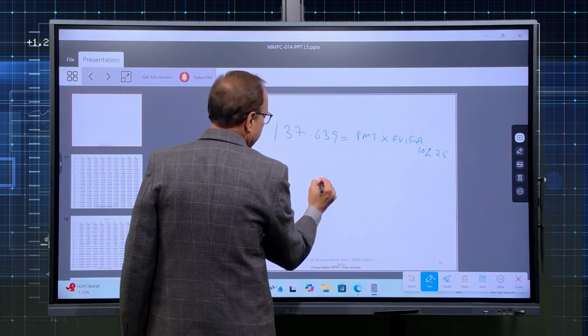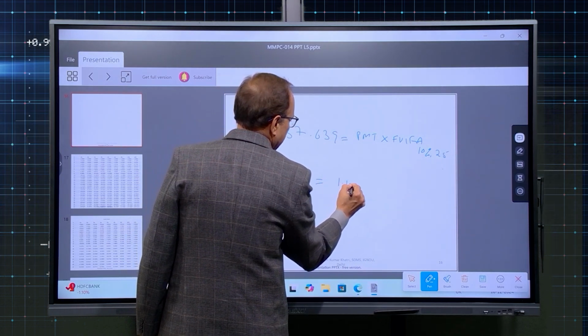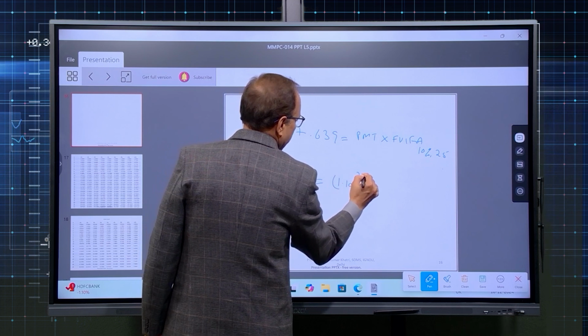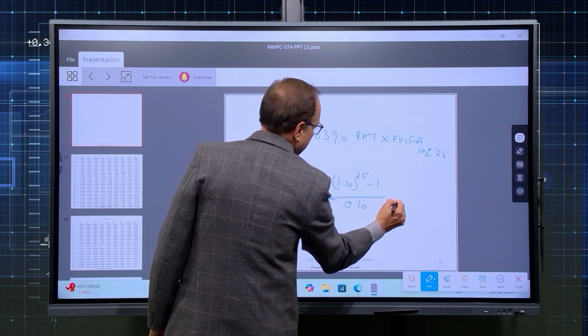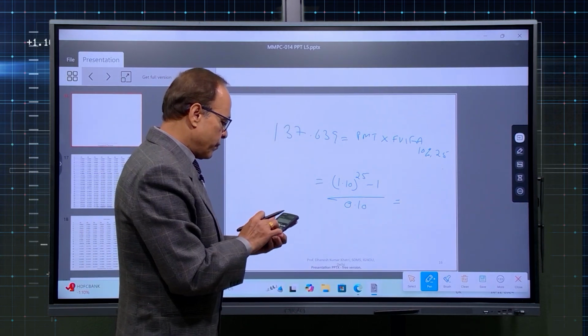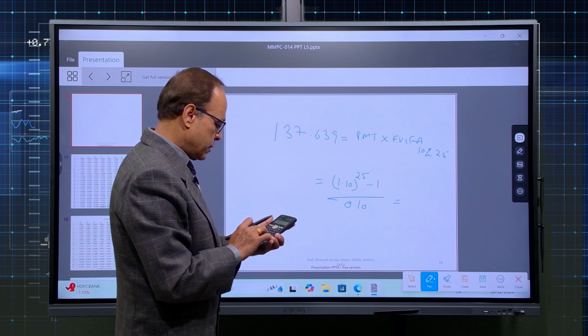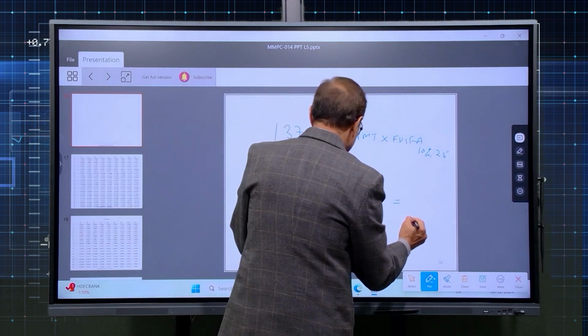So, if we calculate FVIFA, it is 1.10 raised to the power of 25 minus 1, divided by 0.10. That is the formula we have. Now, we can quickly solve it out. It becomes 98.3471.